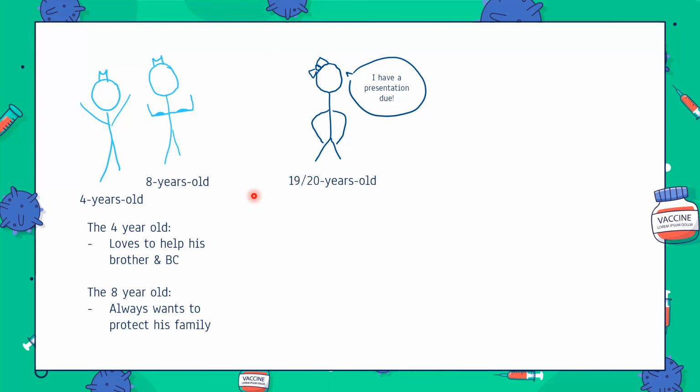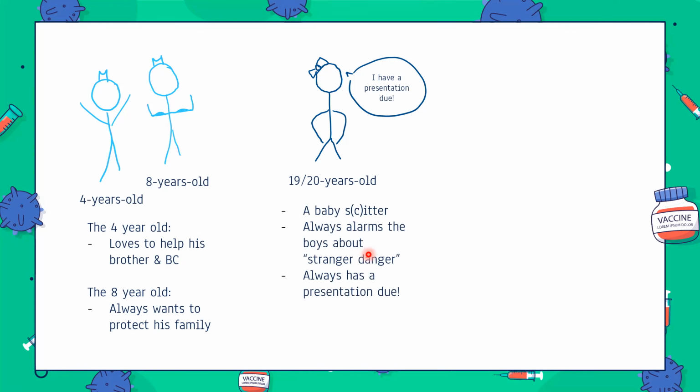She always has a presentation due. But how is she related to those two boys? What is she to them? And what gives her her name? Because she's a B cell, so she is a. Guys, come on, wake up. She's the babysitter.